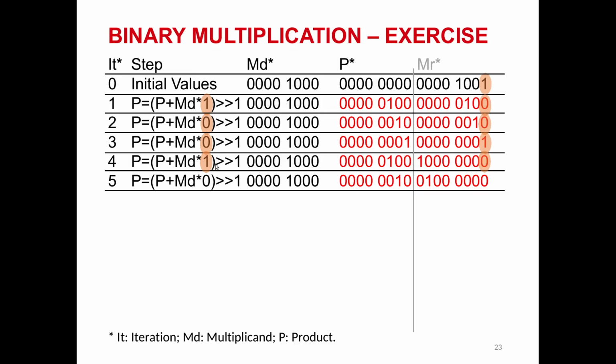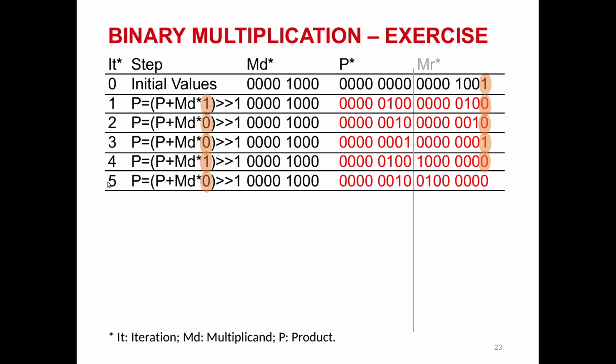Of course MD multiplied with 0 means 0, and the most significant part of P will be kept unchanged, but shifted to the right only, and here is the new value in the 5th step.